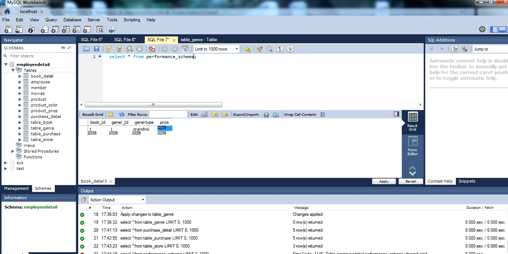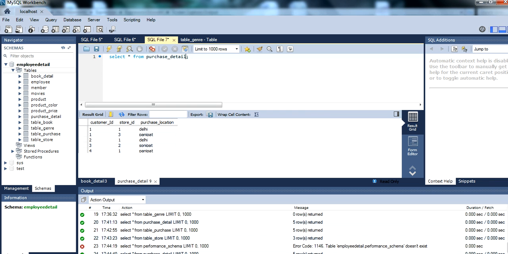Here we put some values in it. We have already made the purchase detail table. Select this one. Here we discuss third normal form.